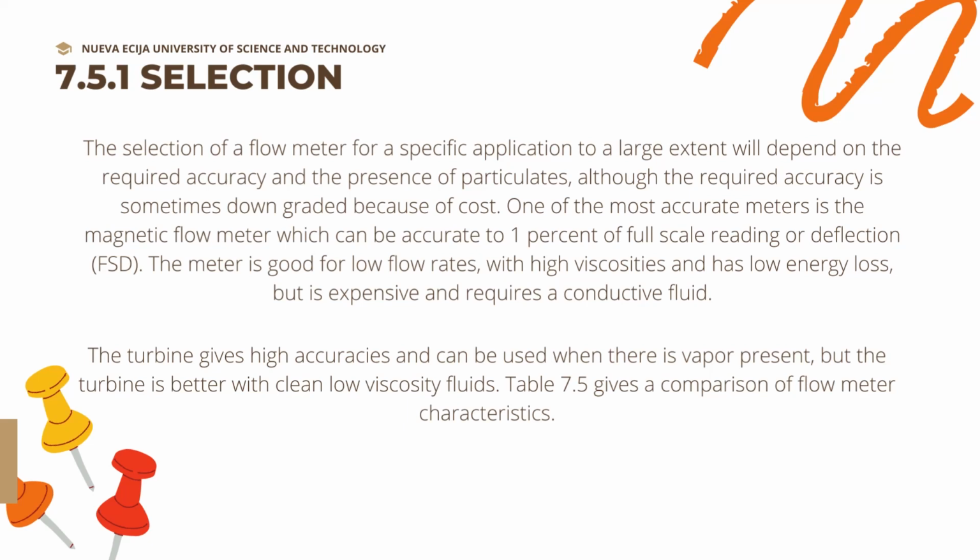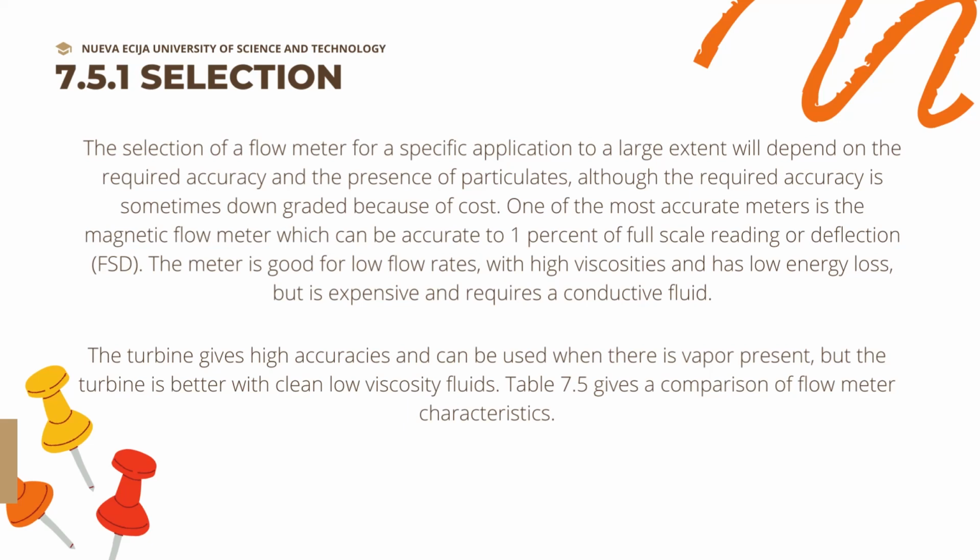One of the most accurate meters is the magnetic flow meter, which can be accurate to 1% of full scale reading or deflection, or FSD. The meter is good for low flow rates with high viscosities and has low energy loss, but is expensive and requires a conductive fluid.